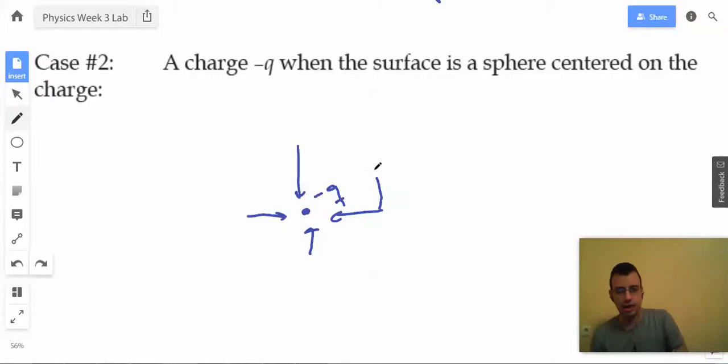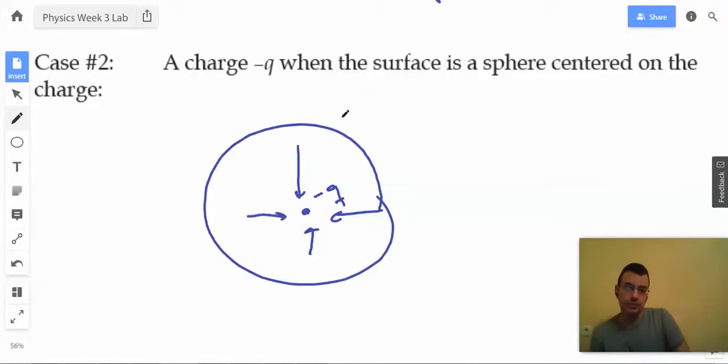There we go. I think I just have to draw it slower. So this time we're going to have the E going inward. We're going to have the small section of surface area going upward. We're going to have Q enclosed over epsilon naught.